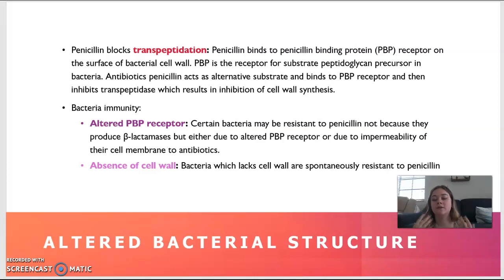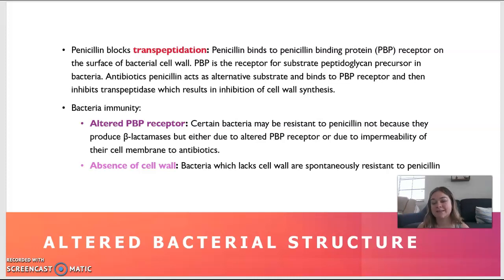So it can alter that receptor, that PBP receptor. So there's certain bacteria that might be resistant because they produce this beta-lactamase, but either due to altered PBP receptor or due to impermeability of their cell membrane to antibiotics, they can just alter that receptor. So penicillin is no longer able to bind to that, or it might evolve over time where there's just an absence of the cell wall completely.